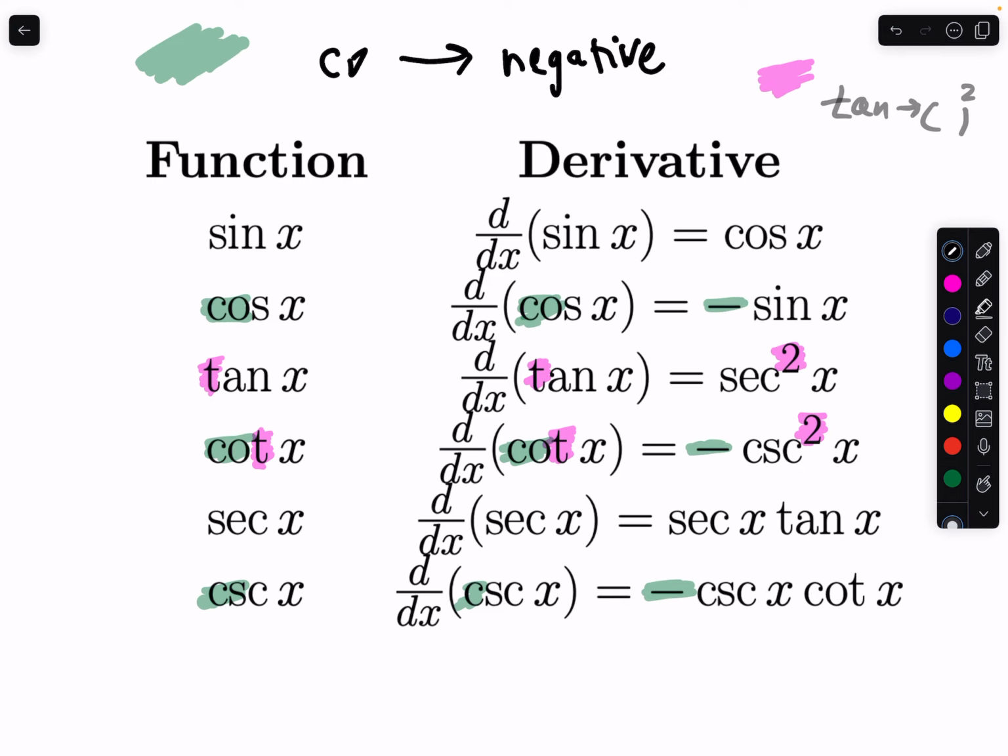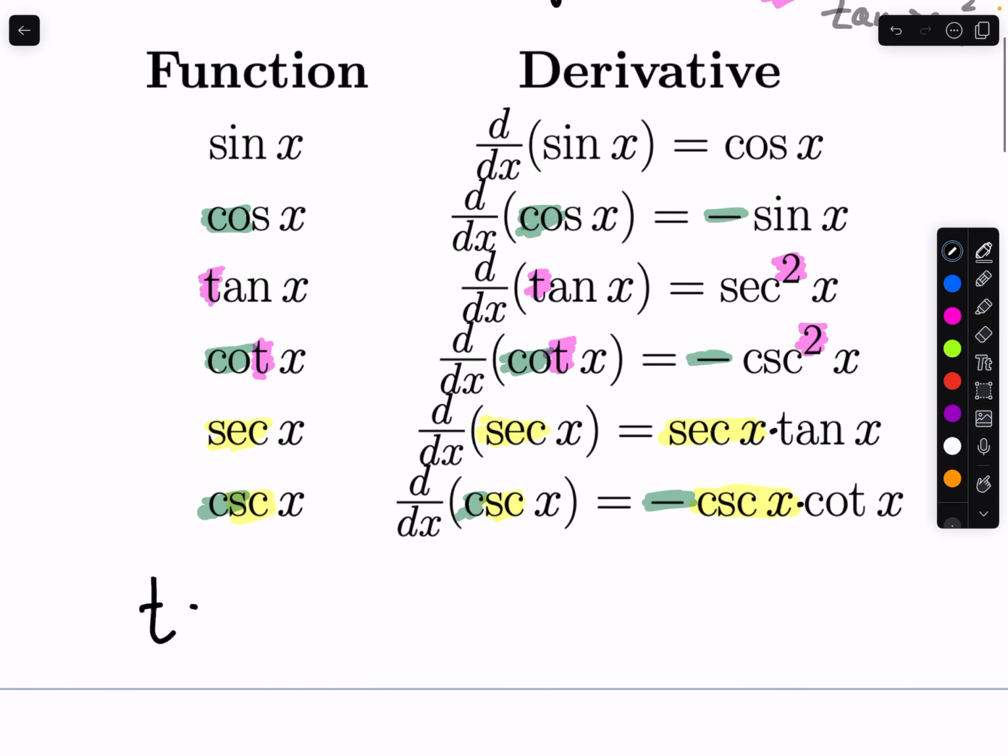Last, but certainly not least, this one will really unlock everything for you, in my opinion. Anytime you take the derivative of a secant, so SEC for secant, you'll notice that you have itself, and then you have multiplication by its tangent buddy.